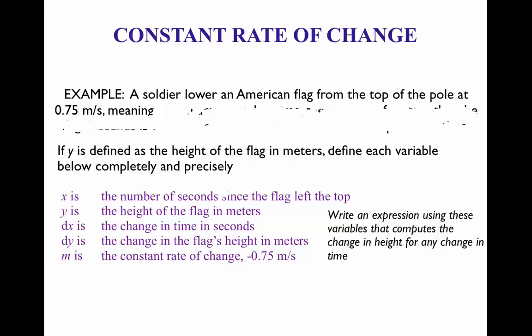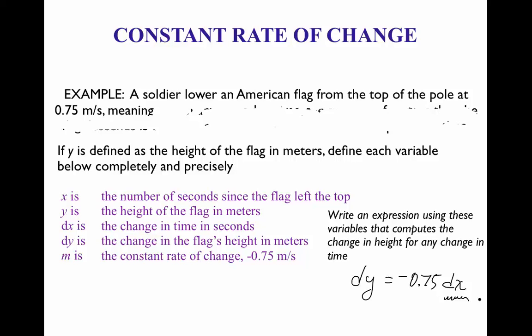And what is happening in any dx? So what's the expression using these variables that computes the change in height for any change in time? What is it? dy equals negative 0.75. The key here, I could give you any change in time, and you can tell me how much the height decreases by multiplying that change in time by negative 0.75.